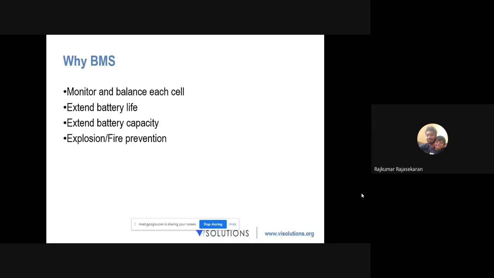And by extending battery life, you also extend the full capacity. Instead of the battery losing, say, half of its life in one month, by employing all these things you might lose only around 5% in a month. So these will enable us to do all these things.